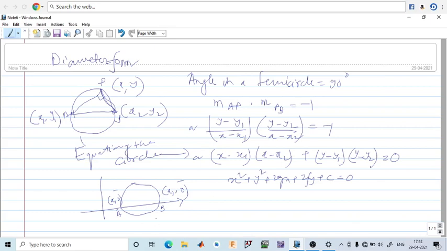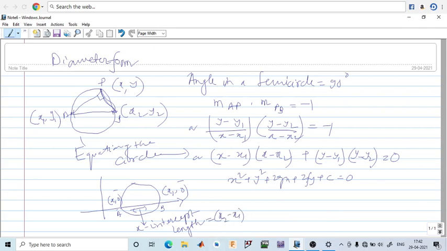To find that AB length, or you can say the intercept length, this AB length is known as the x intercept length. How to find that? The x intercept length is x2 minus x1.